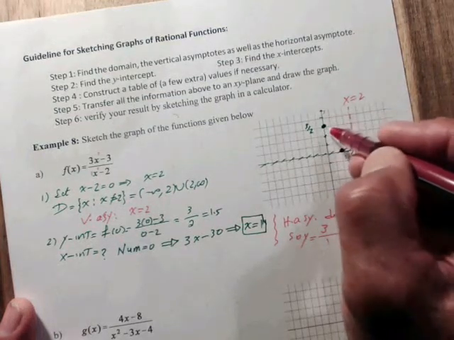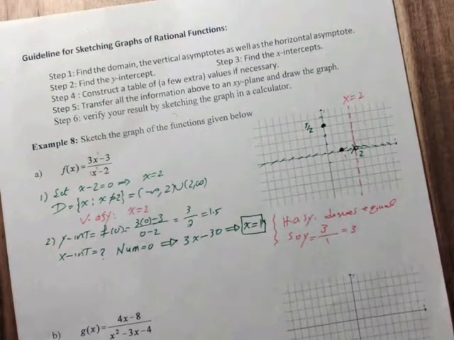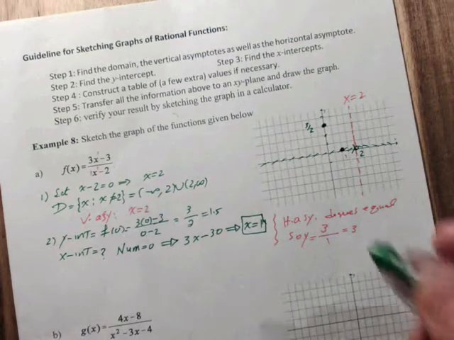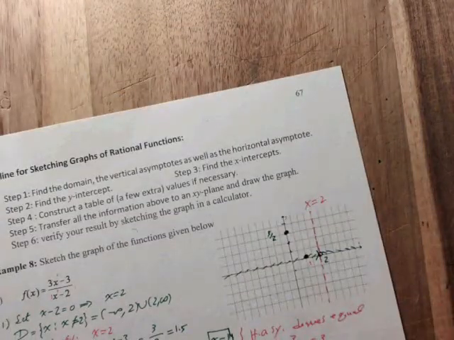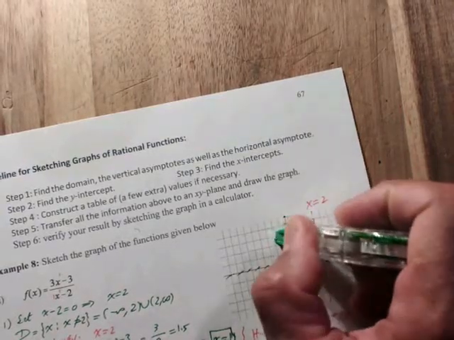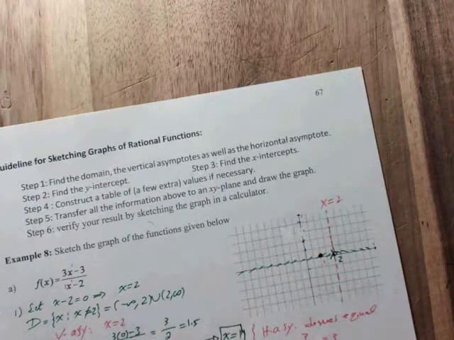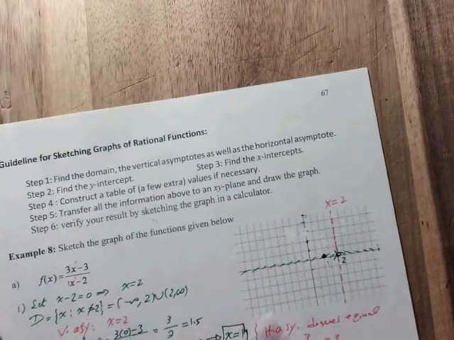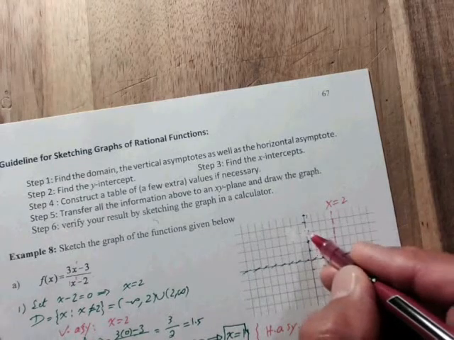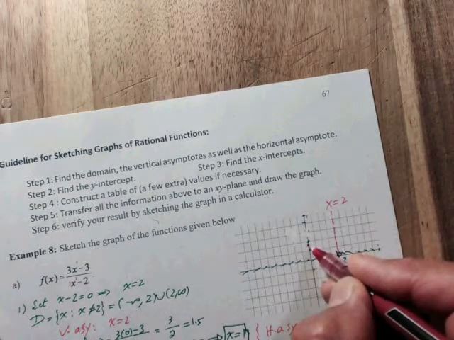I guess my unit is way too big because I'm running out of room, so let me change my units here a little bit so I can actually see it. So let me change this point here for a second. I have 1, 2, 3, 1 and half is right here. This is 1 and half.